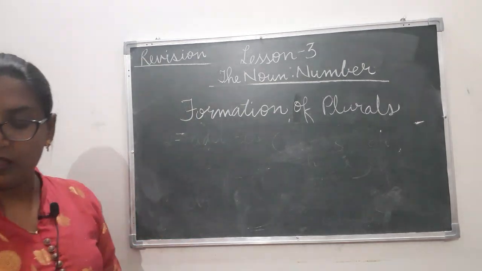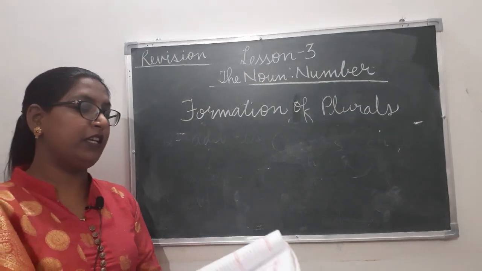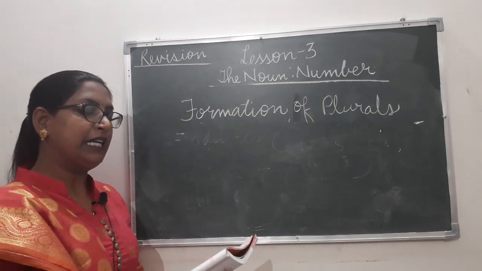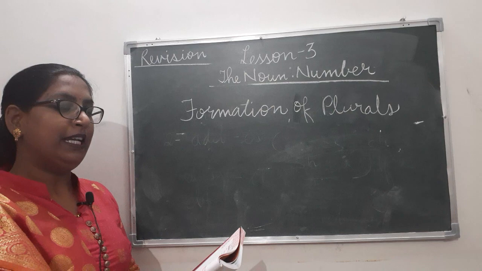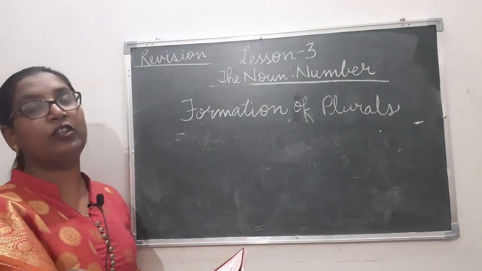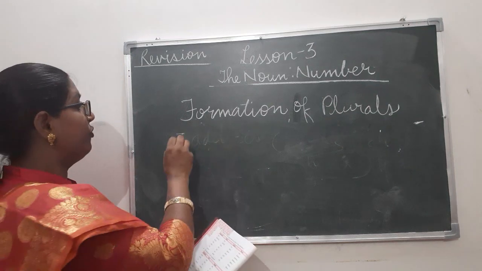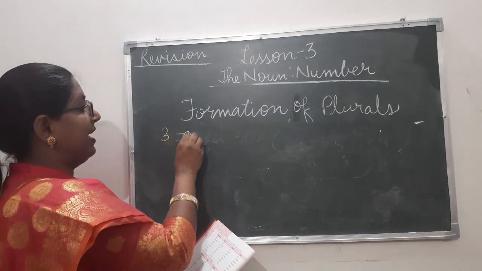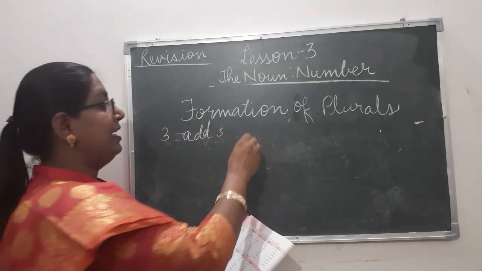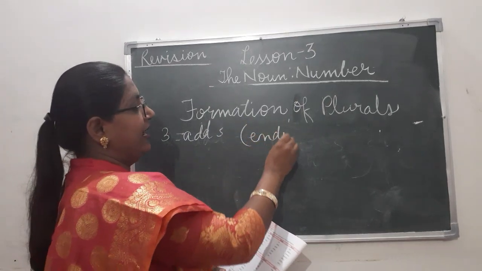Now, let us see the next rule. By adding s to the singular. When a noun ending in y has a vowel before it, we add s to the noun.